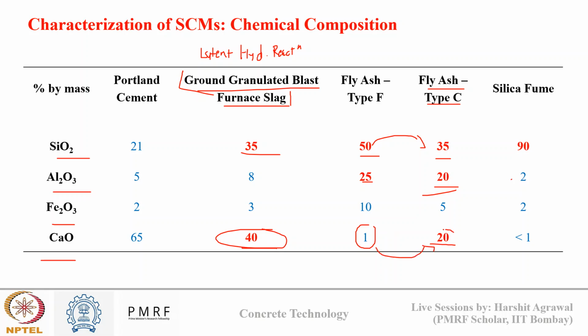And again, since it has sufficient quantity of calcium oxide, it can also show self-cementitious ability. And then there is silica fume, which has very high content of silica. So it is more than 90%, and usually in the range of 95 to 97%. Okay, reactive silica is there in silica fume, which makes silica fume a very strong pozzolanic material.